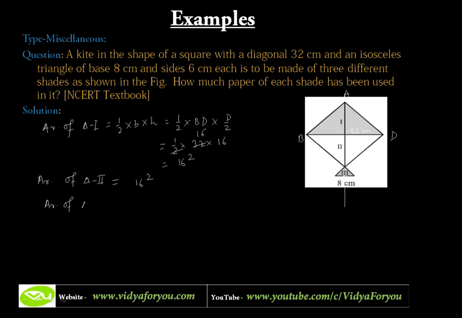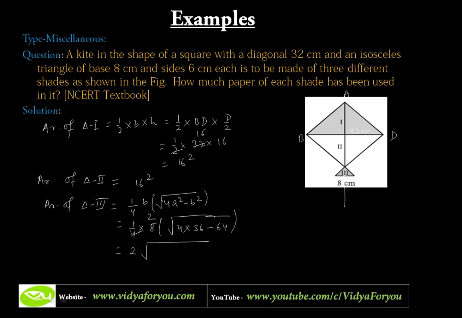And for the area of triangle 3, they have given all the sides. Actually you can use that or you can use the formula. Let's use the direct formula for finding the area of an isosceles triangle. What was that? 1 by 4 base root of 4a square minus b square. That is 1 by 4 into base, you can take as 8, root of 4 into a, which is 6 square, 36, minus 64.